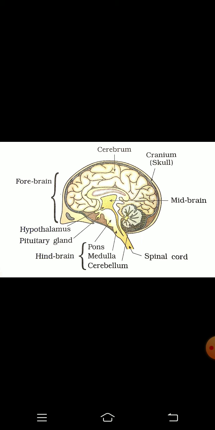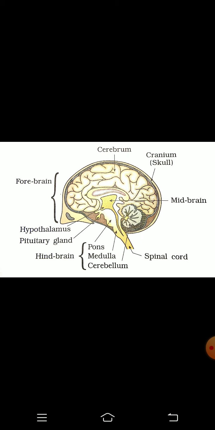Another function is that it controls voluntary actions, like talking and writing, things which need a thinking process. It also controls memory which is already stored in the brain, and it receives sensory impulses from organs. So this is all about the forebrain, which consists of the cerebrum.